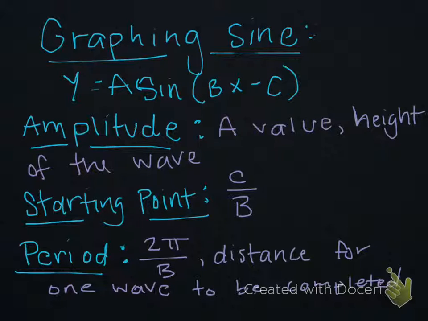So after we find the amplitude, starting point, and period, the next thing we find is the 5 x values. My x1 value is always your starting point. I'm just going to abbreviate that as starting point. In terms of sine, your first value is always your x-intercept.